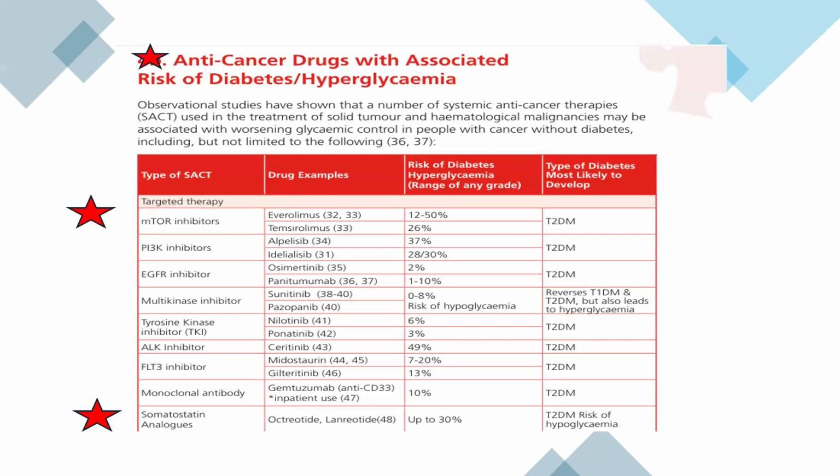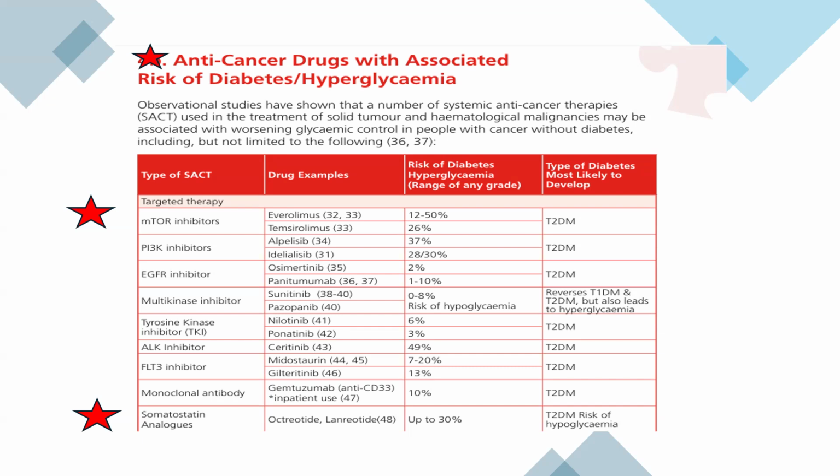So a quick overview of some of the common anti-cancer drugs which are associated with risk of diabetes and hyperglycemia. Here we are talking about systemic anti-cancer therapy or SACT. To remember, targeted therapy includes mTOR inhibitors, EGFR inhibitors, PI3K inhibitors, multi-kinase inhibitors, and tyrosine kinase inhibitors, which are one of the exam favorites, especially nilotinib and ponatinib.